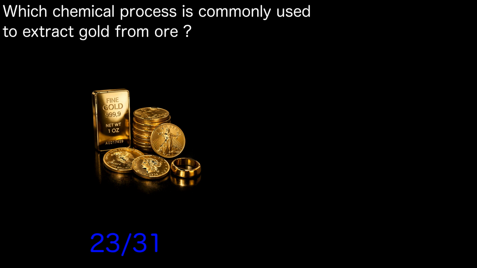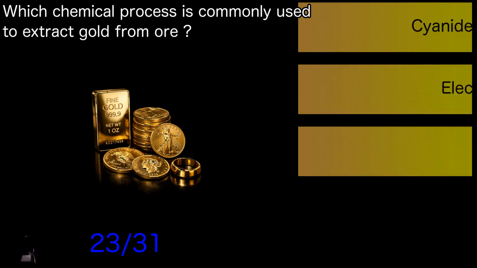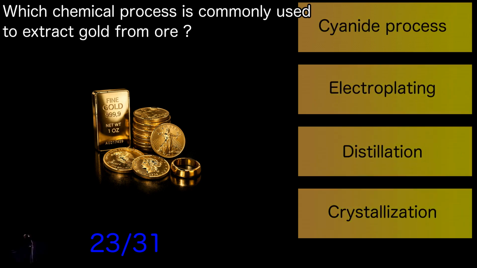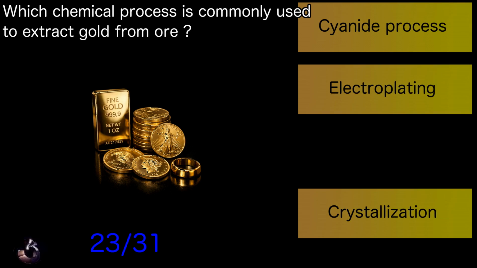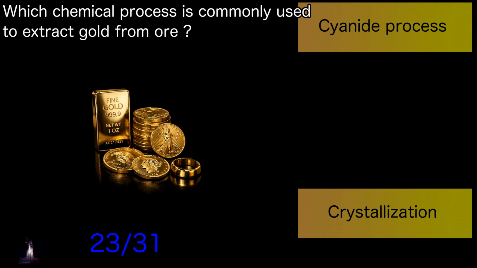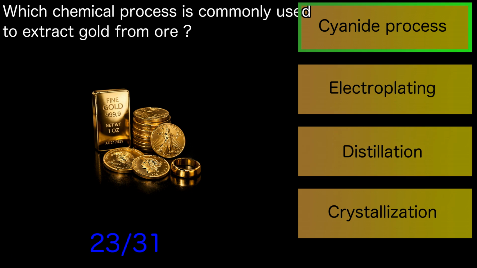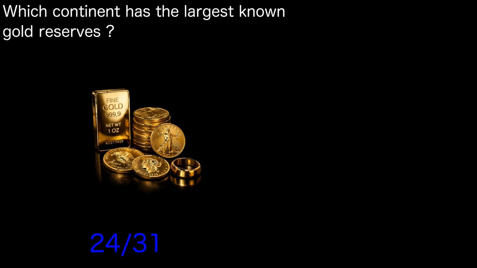1064 C. Which chemical process is commonly used to extract gold from ore? Cyanide process. Which continent has the largest known gold reserves?